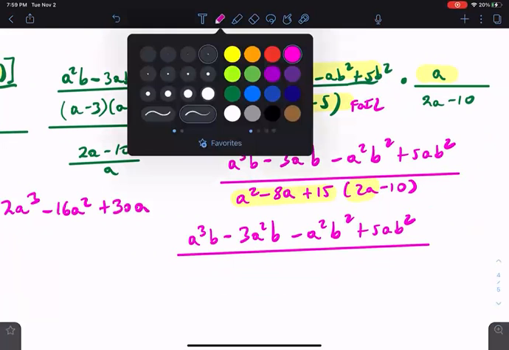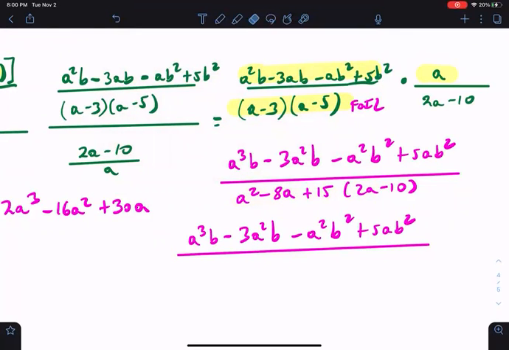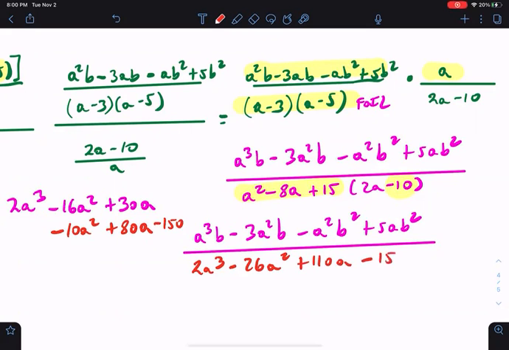And then for the other part, this part, and all this, right? So we get negative 10a squared, and then we have 80a, and then we have negative 150, right? So you need to simplify that. You get 2a cubed, and this is negative 26a squared, and then this is 110a, and this is negative 150.